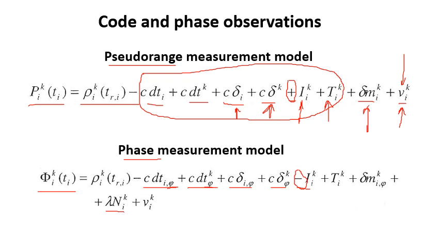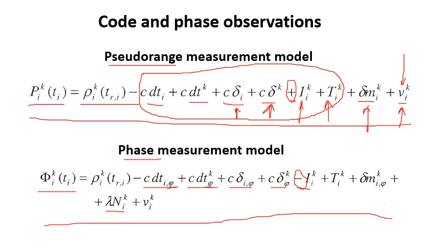So we have introduced a ruler example. As you can see, in the code measurements you have no integer ambiguity term. You can see in the entire term there is no ambiguity term, but here we have ambiguity, because the phase measurements are depicted as rulers having no units. This is the reason why that example is introduced.